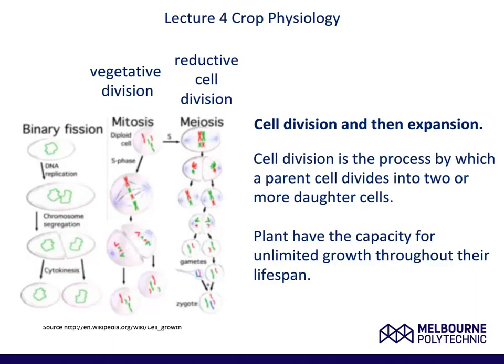This will give you a thorough interpretation, and you will also remember the practical where you saw these processes. It is also worth noting that plants have the capacity for what we call unlimited growth throughout their lifespan. This is important from a commercial perspective, as it can change the way you farm.